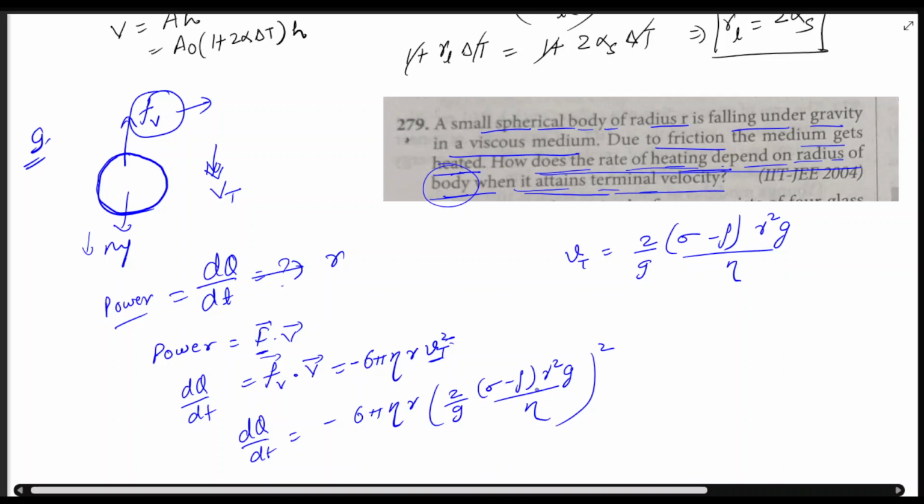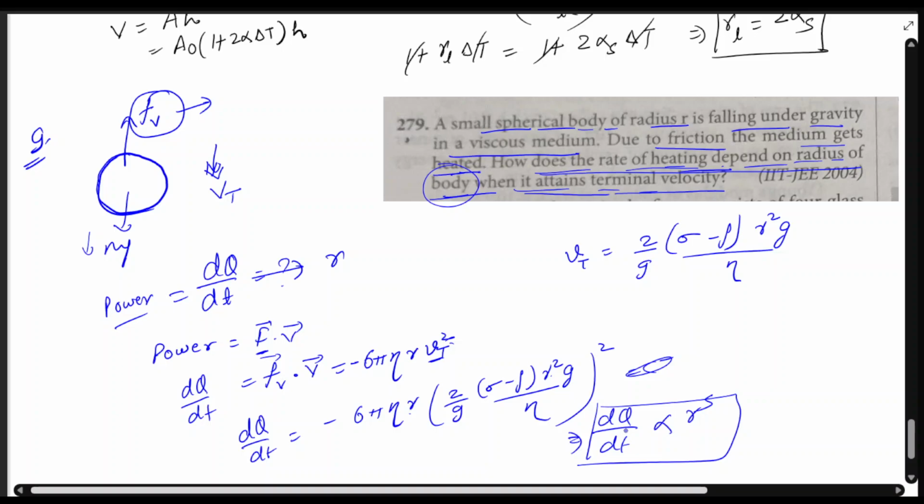Everything is constant. I'm just ignoring the minus sign, so dQ by dt is proportional to r to the power 5. So yes, the rate of heating is proportional to radius to the power 5.